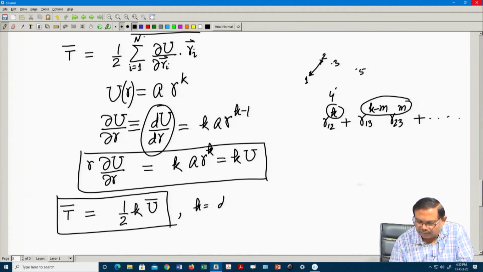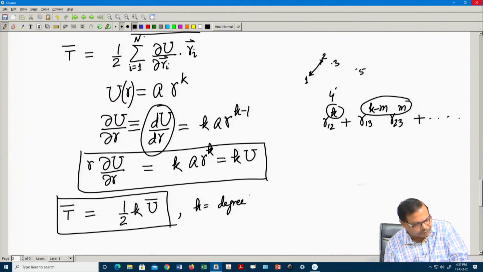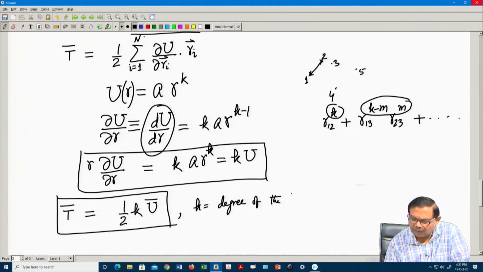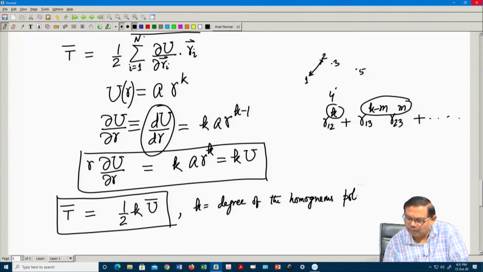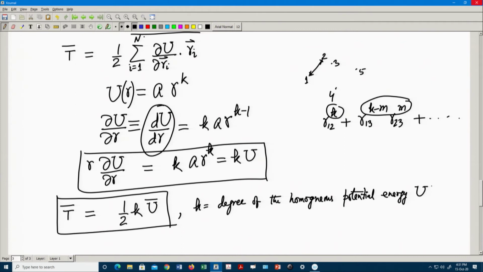K is the degree of the homogeneous potential energy u.